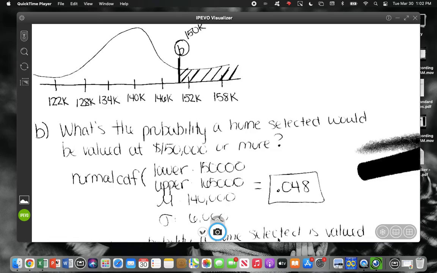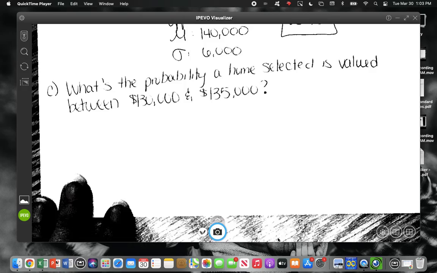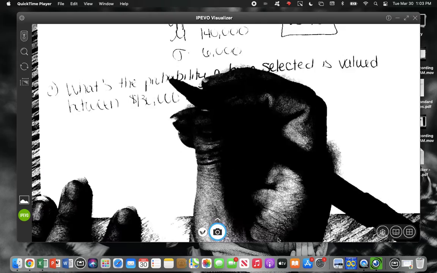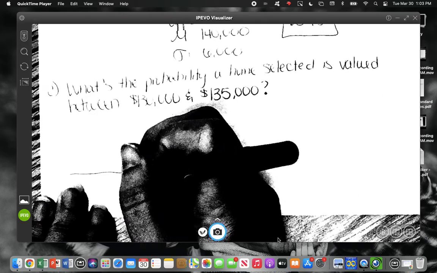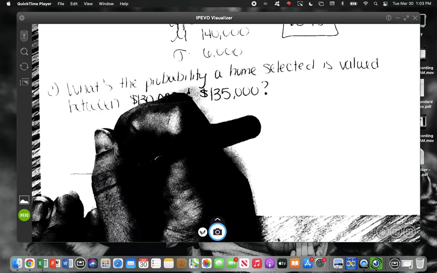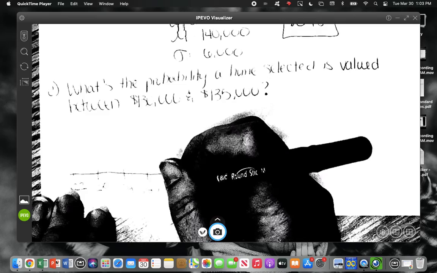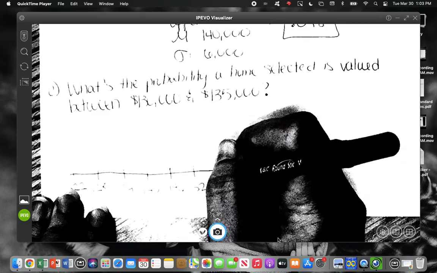All right, so I've got one more for you. For this same problem, what would be the probability that a home is selected and has a value between 130,000 and 135,000? So, first of all, where would we shade this? I'm going to copy the curve, but you don't have to.